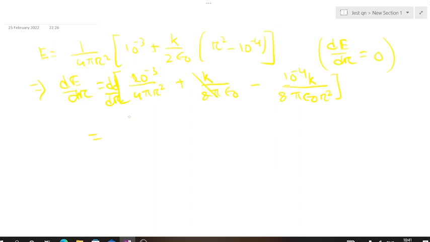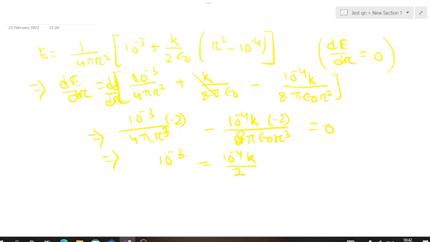So 10 power minus 3 divided by 4 pi r cube times minus 2, minus 10 power minus 4 K times minus 2 divided by 8 pi epsilon naught r cube, keep it 0. So everything will cancel out, so 10 power minus 3 is equal to 10 power minus 4 K divided by 2, and the 4 will cancel out, so K will be 20. That's the answer.